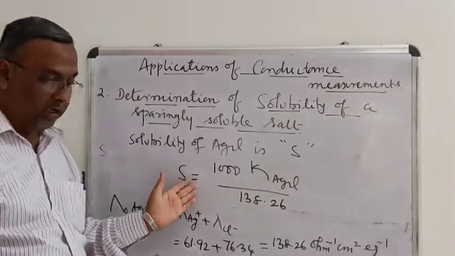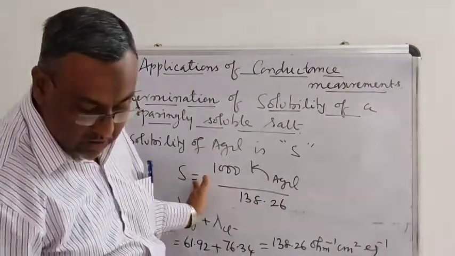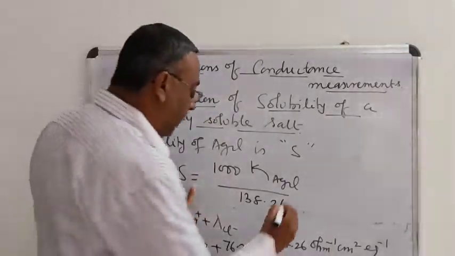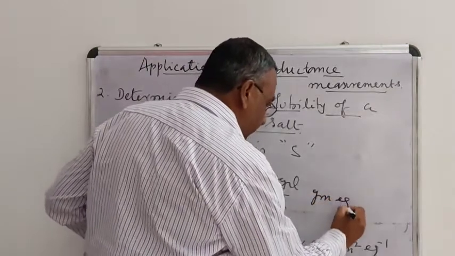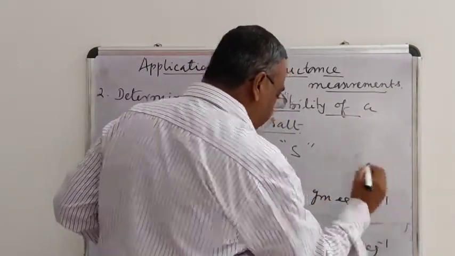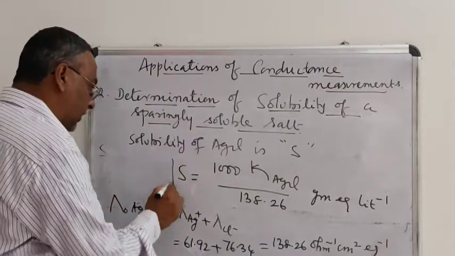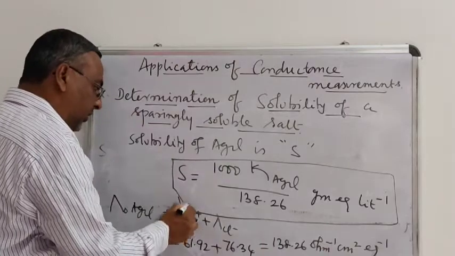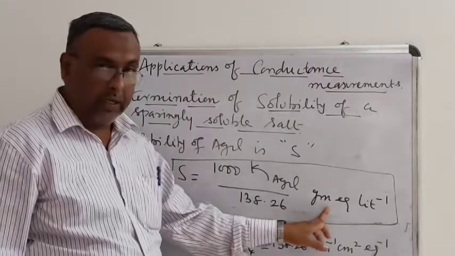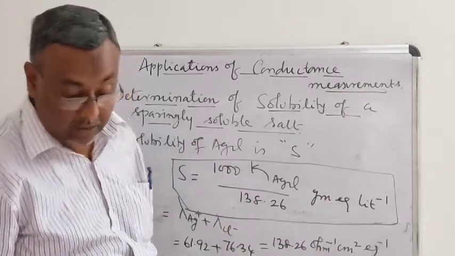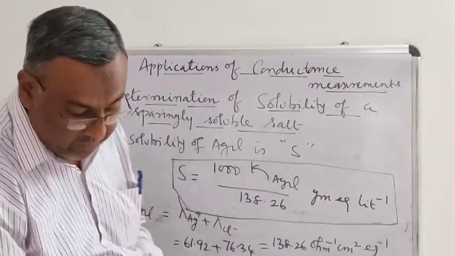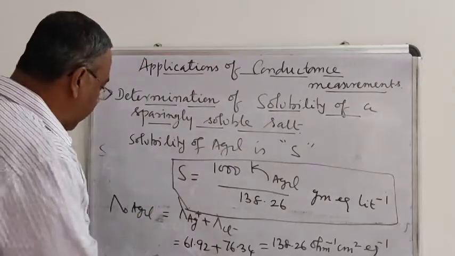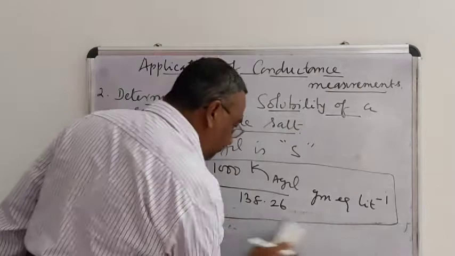This value gives the solubility of silver chloride in gram equivalents per liter. This expression will give you the solubility of silver chloride in terms of gram equivalents per liter, that is the solubility of silver chloride in water.